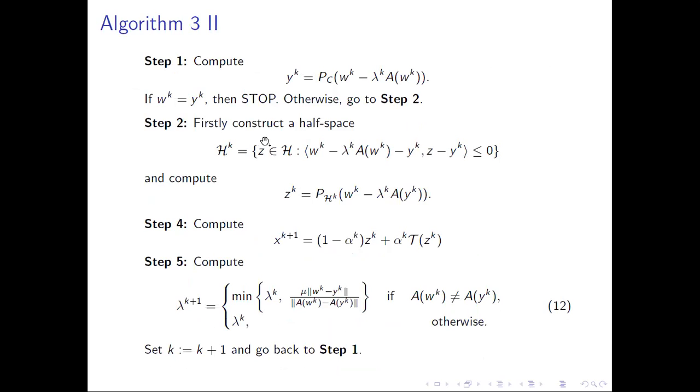Then we compute the projection. In step 2, we construct a half space and then compute a projection on the half space. Then in step 4, we calculate a fixed point, which is like a Mann iteration. And then we update the step size in step 5.